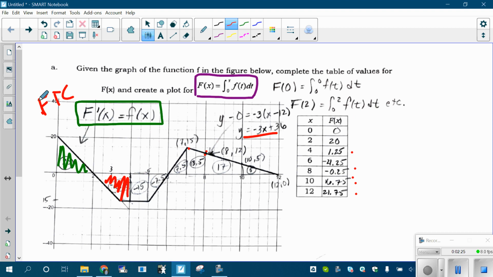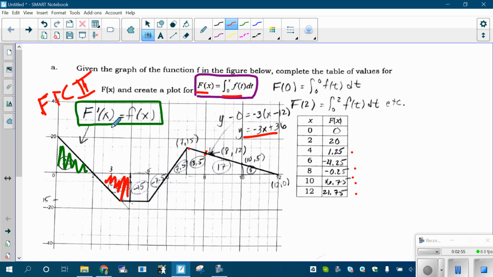FTC, that second part. When you have the accumulator function and you do the derivative of it, the derivative and the integral cancel each other out because they're inverse operations, and you're just left with the inside part. In other words, the derivative of big F is little f. So then if you think about it that way, when does a function have a minimum?